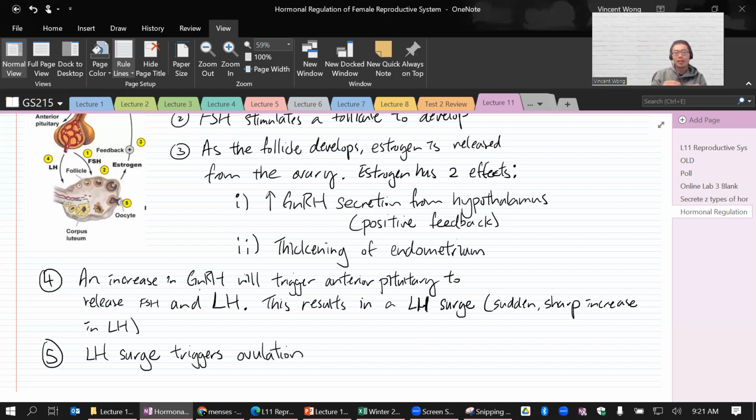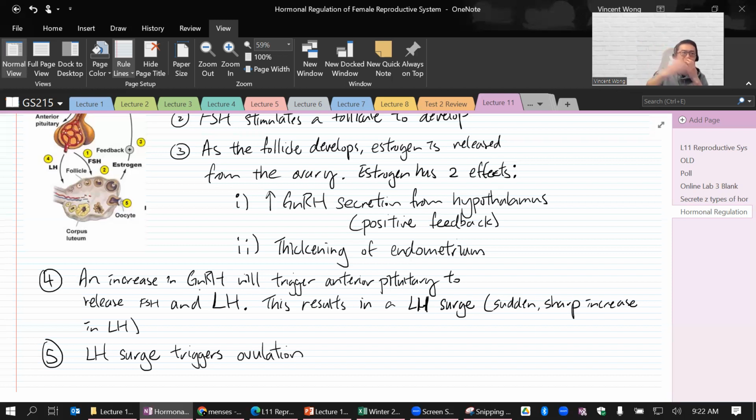So day 1 maybe there's 10 units of LH. I'm just making this up, okay? Day 2, 12 units. 11 units on the third day, and then all of a sudden it becomes 30 units. Then it will tell you ovulation is already here, or it's going to be happening later today or tomorrow. Do you understand what I mean?